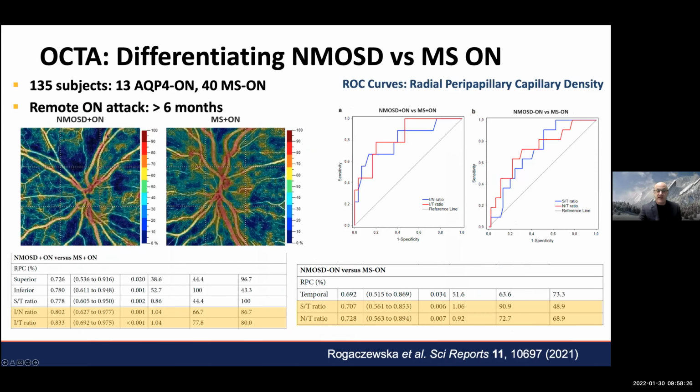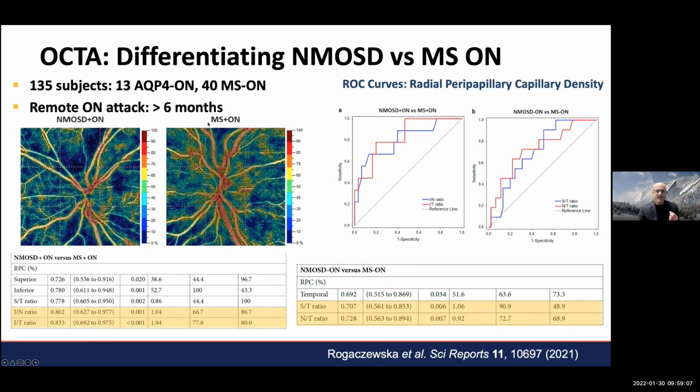When it comes to OCT angiography, you heard in the past lecture that it has shown some nice differences between NMO spectrum disease optic neuritis and MS optic neuritis when it comes to the ratio of angiographic loss in the radial peripapillary capillary density plexus, as shown here: dropout in NMO, less dropout in MS. And these ratios can be helpful in perhaps differentiating these, but again, these analyses were performed 6 months after these optic neuritis events occurred.